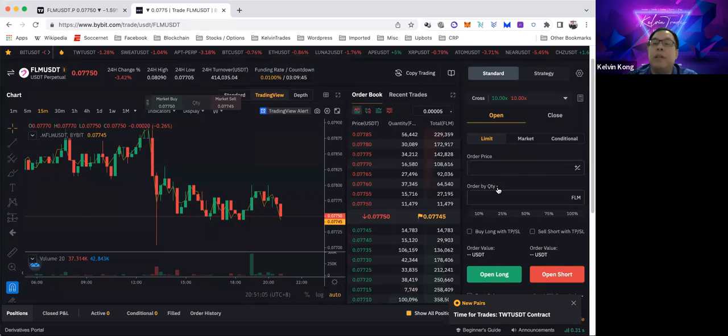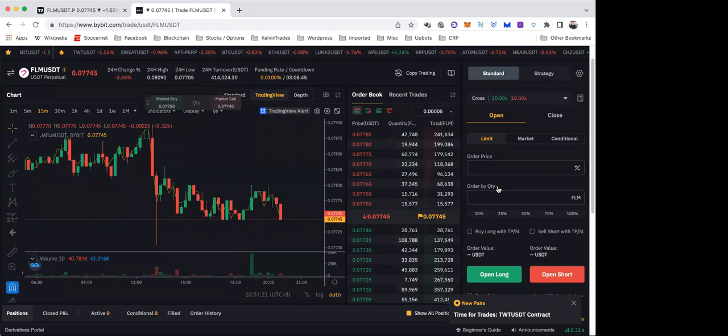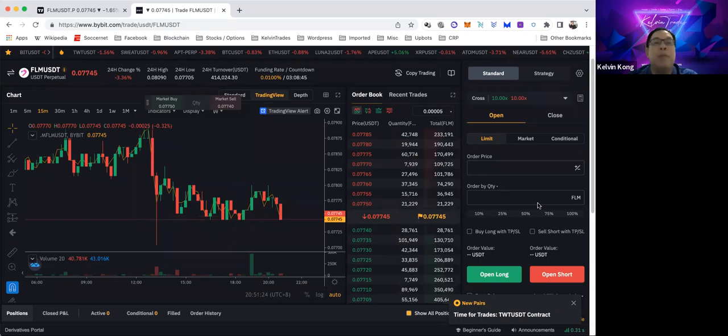Why I bring this out is because some of you may be too familiar with FTX. Normally in FTX, when we key in our orders in US dollars, right? Correct? Yes or no? Yes. So when you come to Bybit or Binance or KuCoin or some other exchanges, you may not be familiar because it doesn't show USD here.